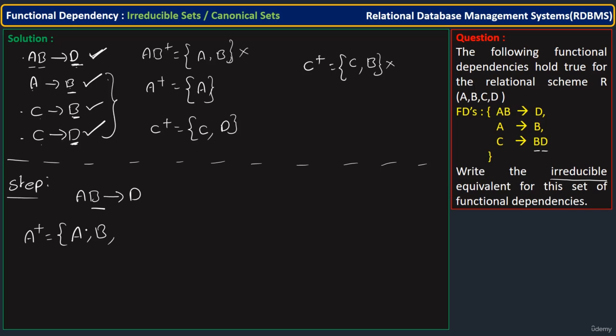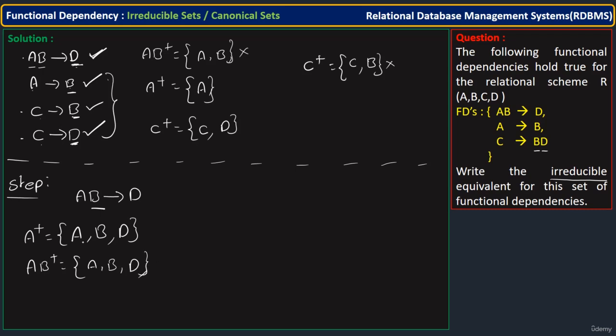These two only. Here, of course, D we are generating. Now the AB closure: with B, AB, of course D, and what else can we generate? This only.